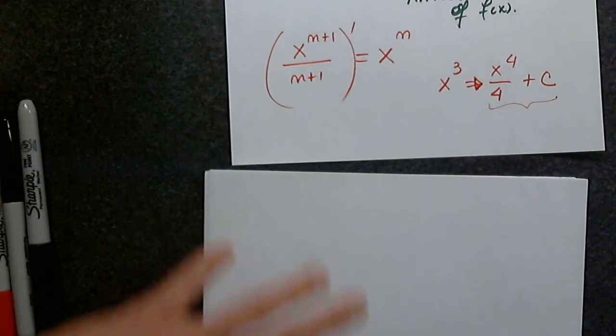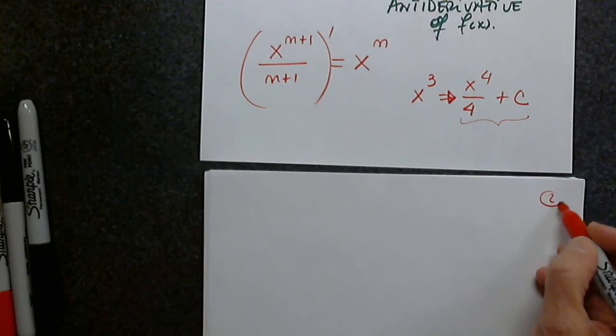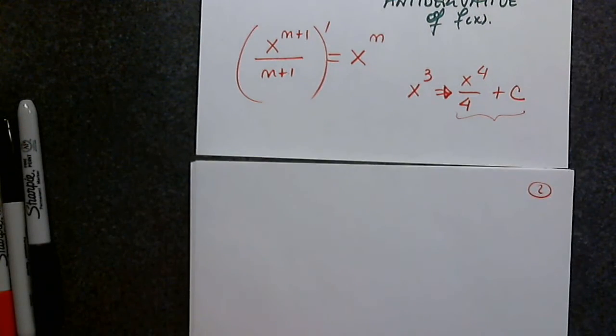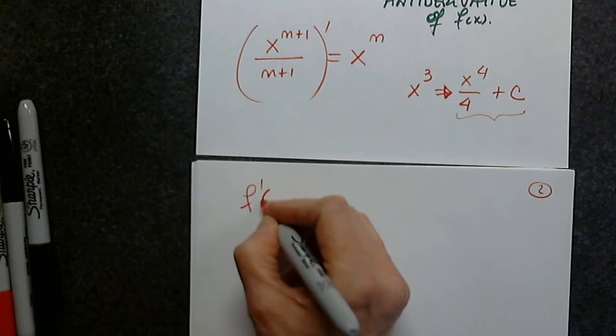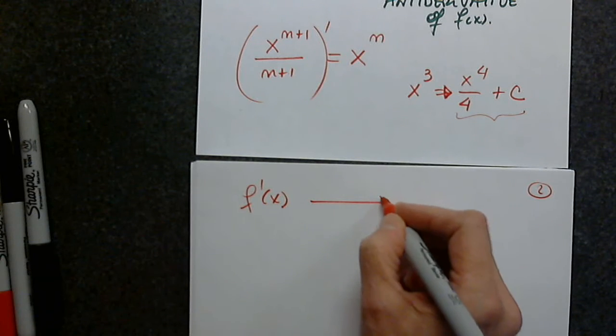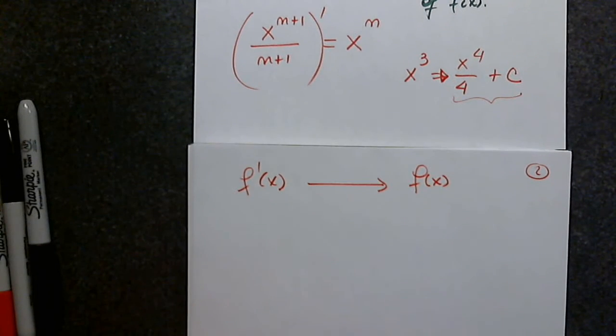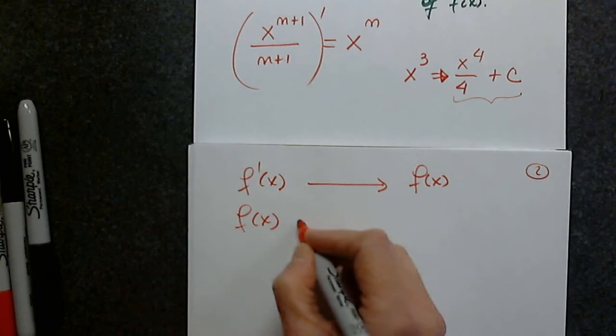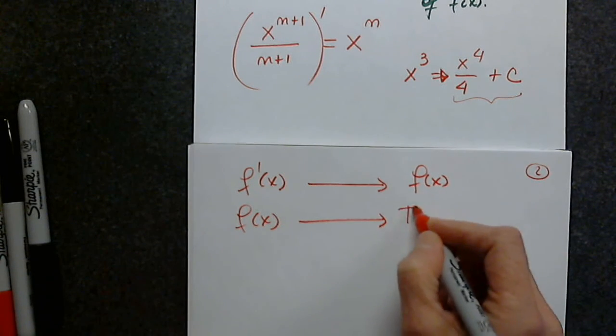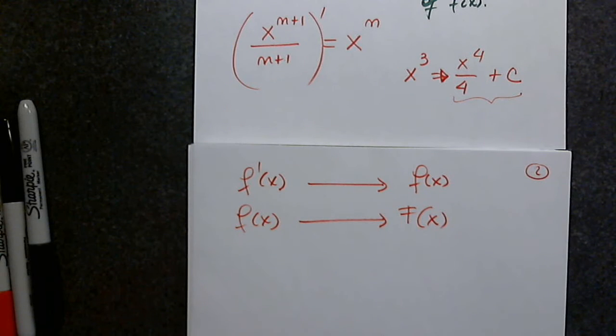What if you make it uppercase still? Is that okay? No. If we are given f prime of x and we're asked to find the antiderivative, the notation will be f of x. If we are given f of x and we're asked to find the antiderivative, that will be uppercase F of x, because this is specifically reserved for something in chapter 5.